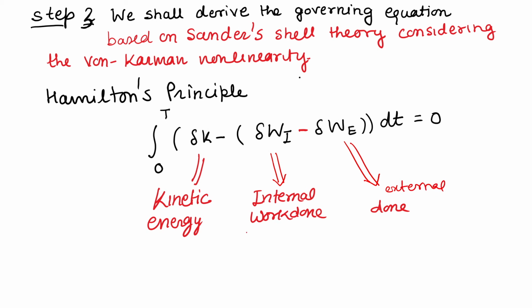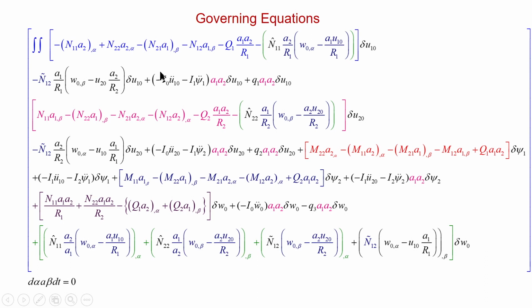Internal work done is basically the strain energy of the elastic body. If we club all these equations, we have the contribution of kinetic energy, the contribution of strain energy and the contribution of external work done.